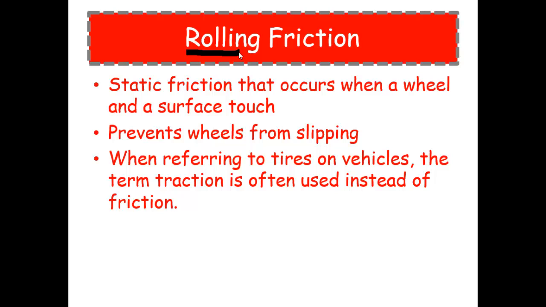It basically refers to tires on vehicles, and a lot of times we even use the word traction instead of friction. It's just another type of friction, and it's a type of static friction. And so that's our third type. So that is the end of types of friction.